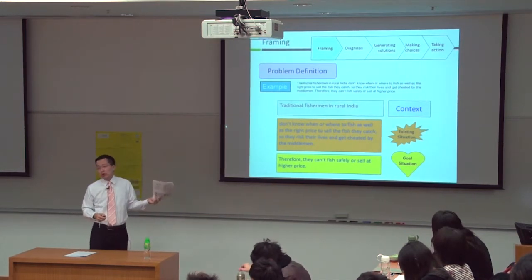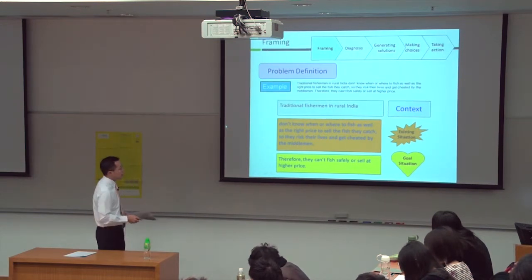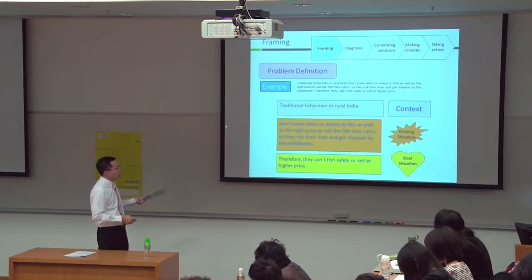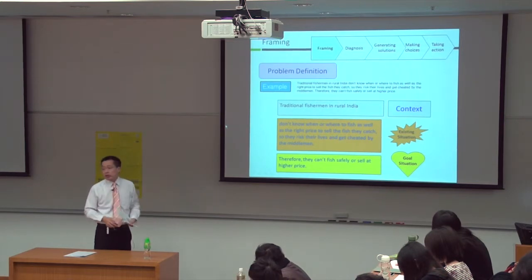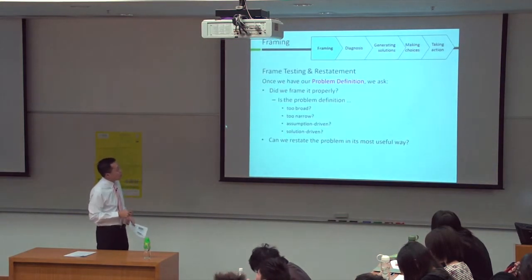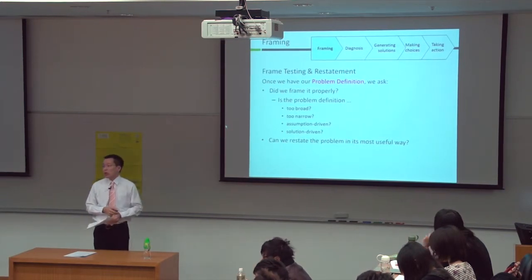We use a simple example first, okay? The fishermen industry in India. You remember that, okay? The fishermen don't know where and when to fish, they don't know the right price, so they cannot fish safely or sell at a high price. So when we want to frame a problem, we ask, is the problem definition too broad?